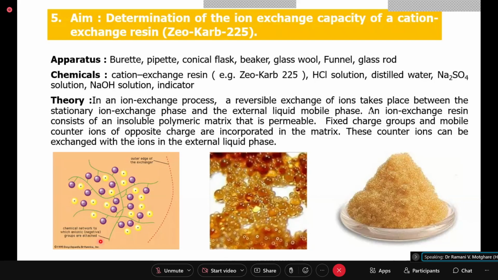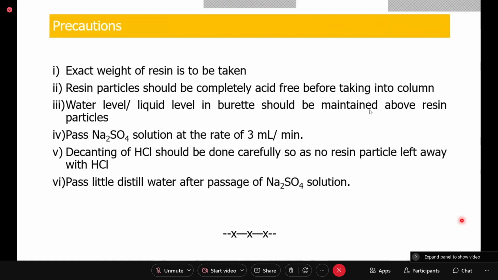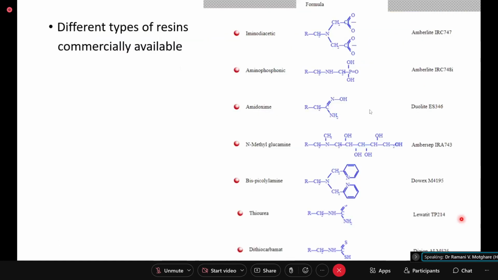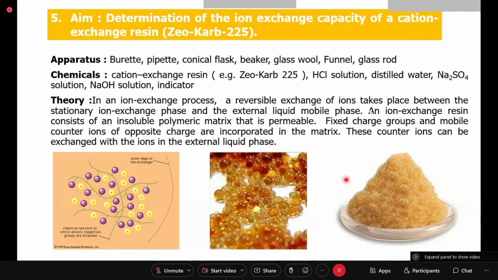So the ion exchange resin experiment we have discussed now. If I find the photographs of the experiment, I'll show you how the column is made and how it works. Do you have any doubt, Z1 batch students?